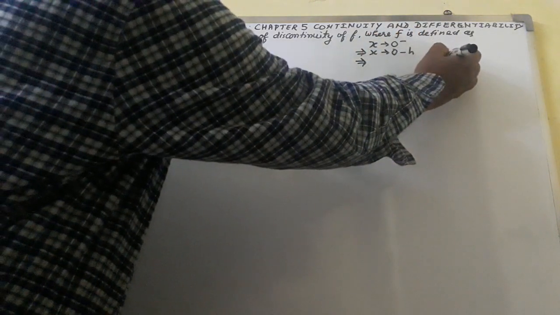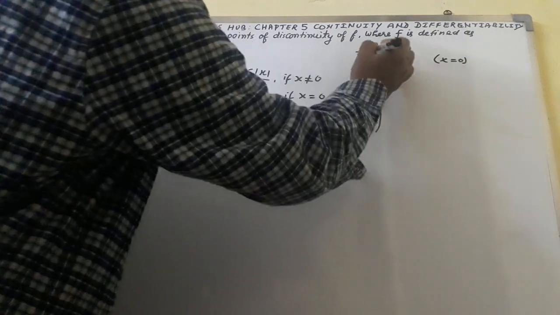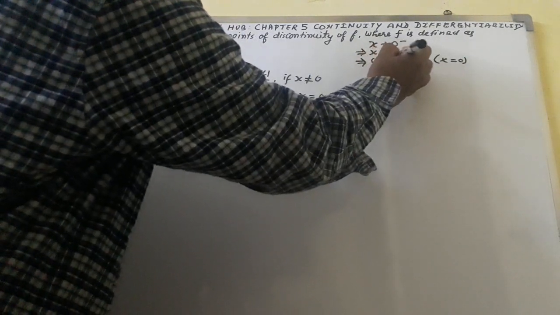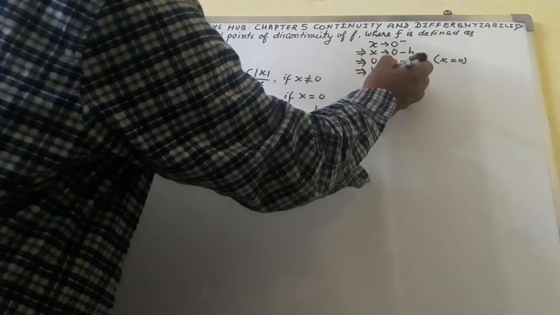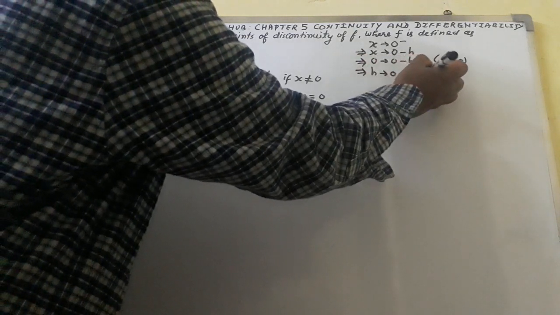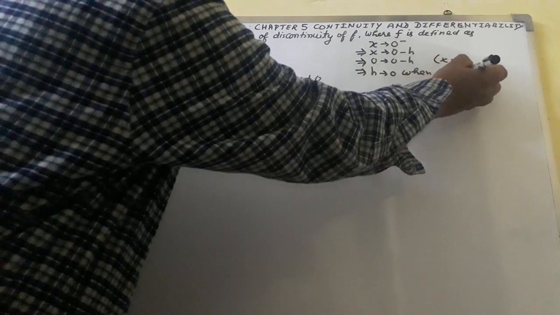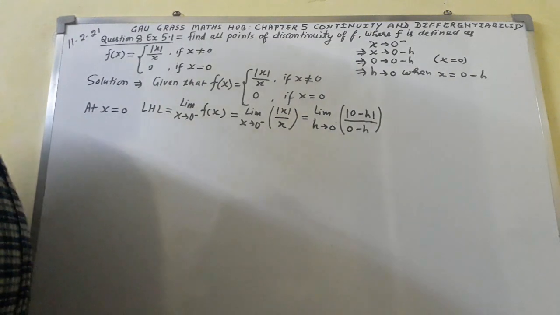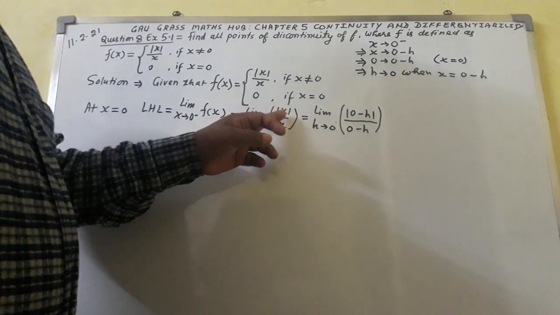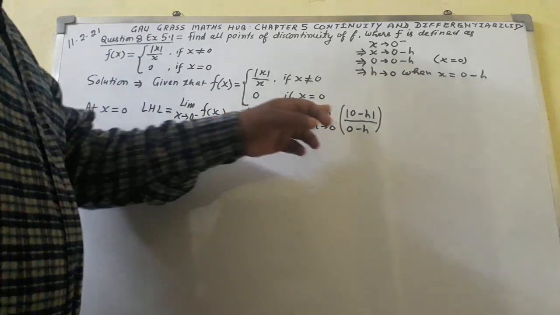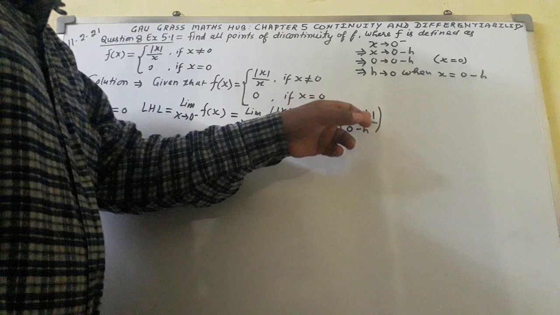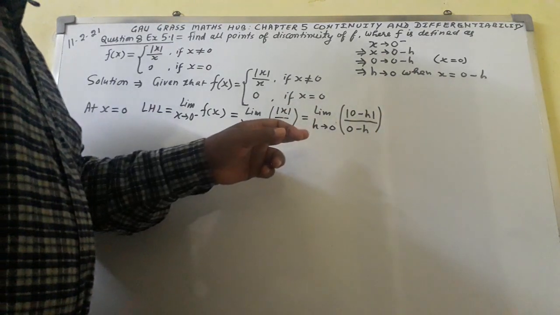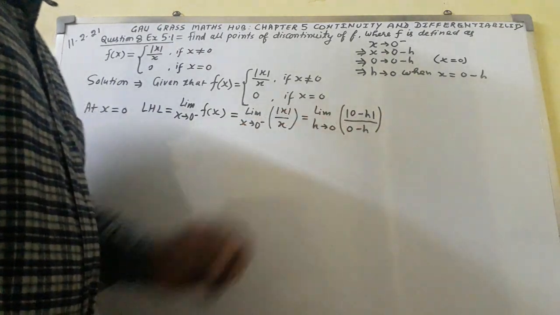If you put x equal to 0 minus h, then h tends to 0. In place of x I have written 0 minus h.